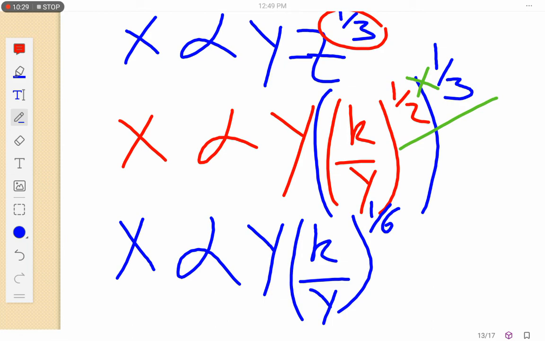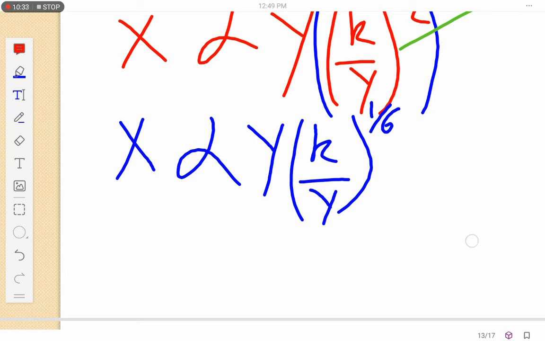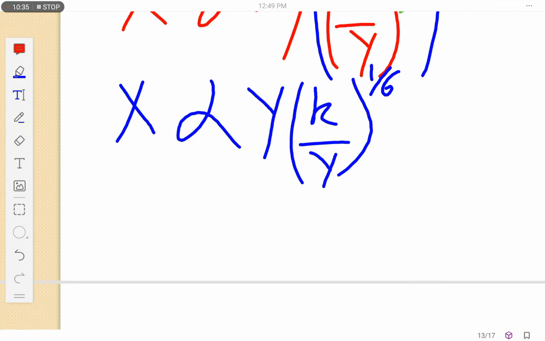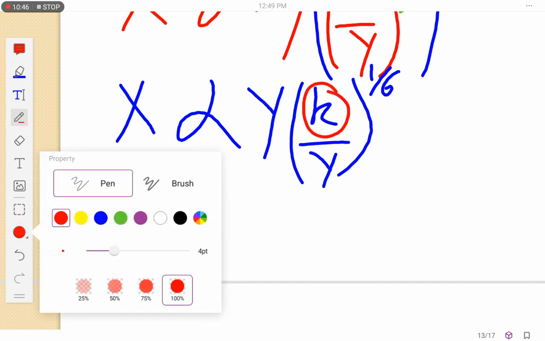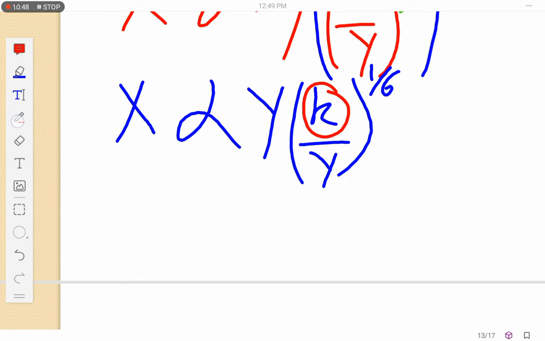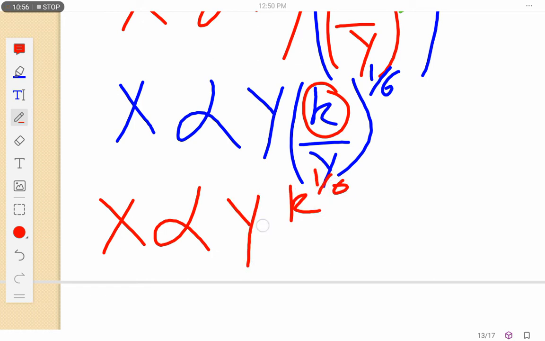Now I've got this 1 over 6. Let's simplify. With this 1 over 6, I can rewrite this whole equation separating k, our constant. So I'll have x varies with y, then k to the power of 1 over 6 over y to the power of 1 over 6.